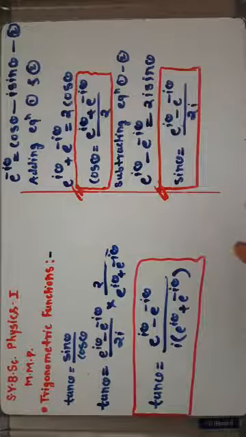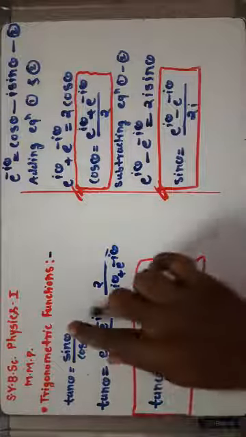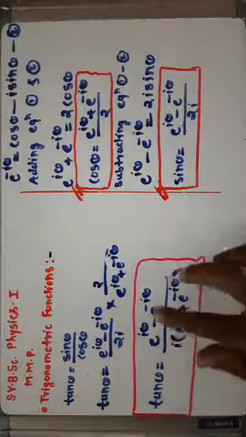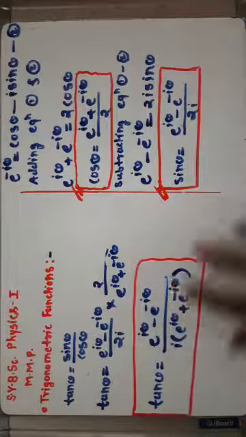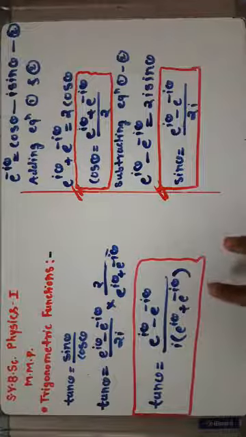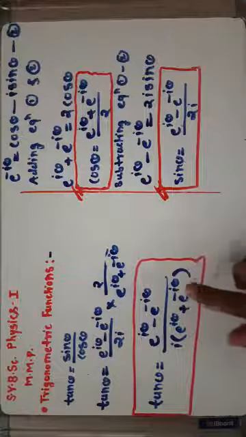Then we use the trigonometric formula, tan theta is equal to sin theta divided by cos theta. Then we get tan theta is equal to e raised to i theta minus e raised to minus i theta divided by i in bracket e raised to i theta plus e raised to minus i theta.